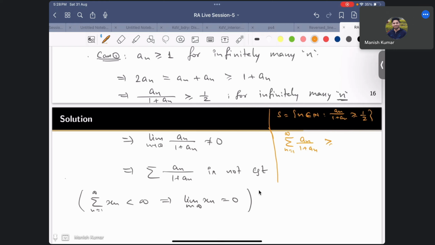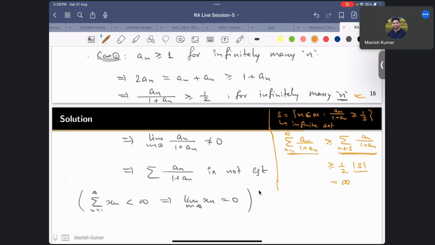Then this is greater than or equal to the summation over n belonging to S of an upon 1 plus an, because this contains all the terms, and here I am taking only those terms which are greater than half. Now this is greater than or equal to half times the cardinality of S, and you know that the cardinality of S is infinite, because this set S is an infinite set. This is what we have mentioned here. So this is equal to infinity. So this series cannot be convergent, it is divergent. So this is how you can use the lower bound. When you have this lower bound, you can conclude this fact.